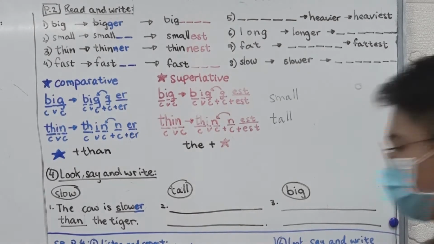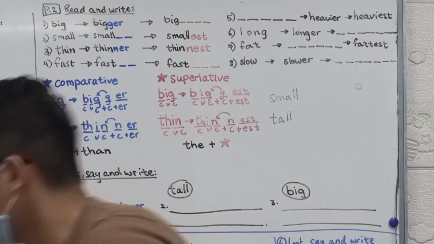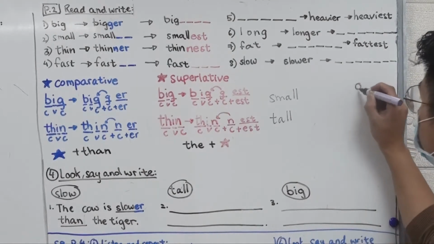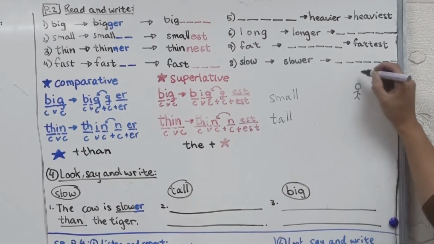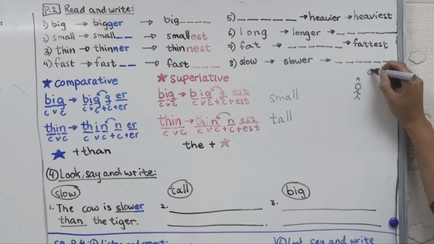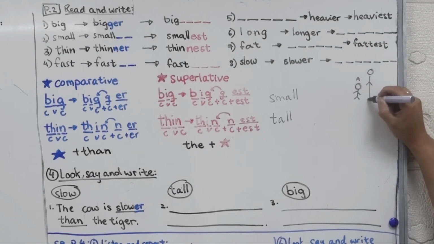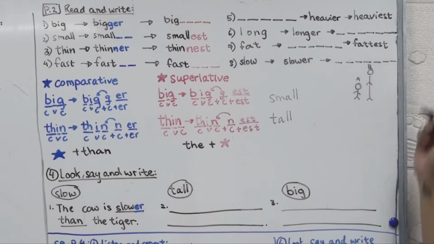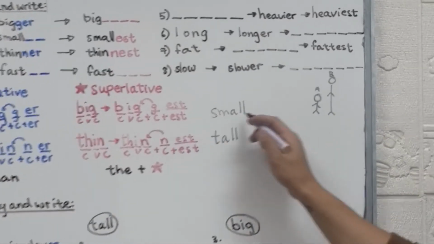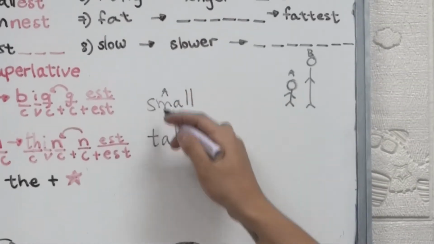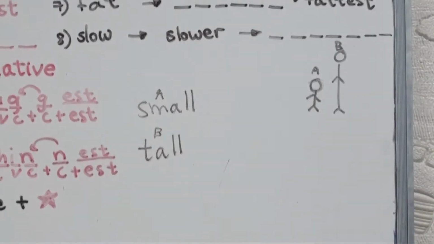This pen is almost out of ink. I will use two people as an example. So person A and person B. So one of them is small and one of them is tall, right? So A is small and B is tall, right?